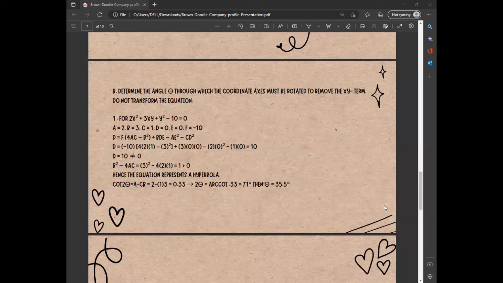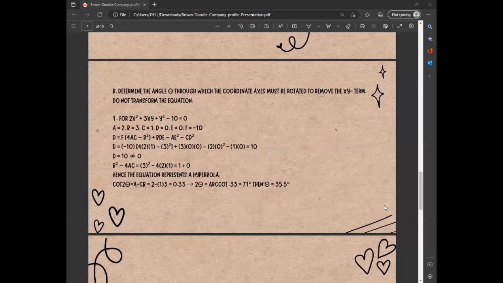Okay? So hence, nasabi ko na yan. So cotangent 2 theta is equal to (a minus c) over b is equal to (2 minus 1) over 3 is equal to 0.33.